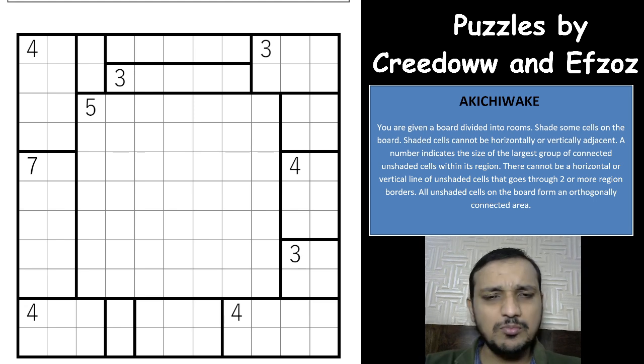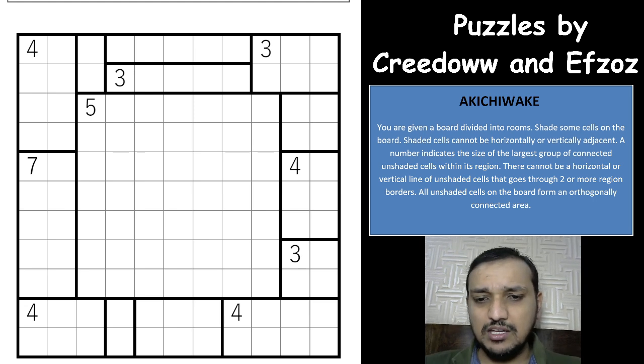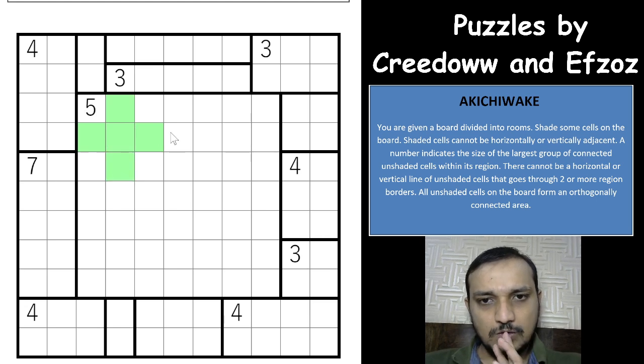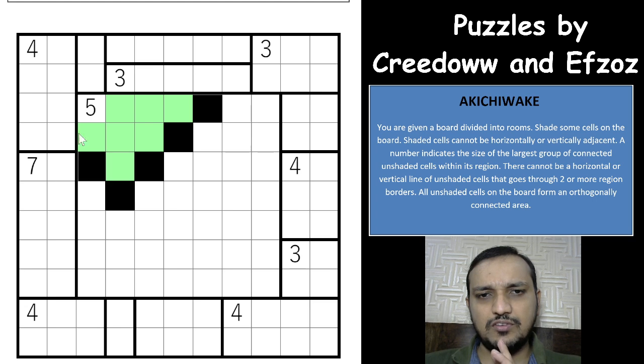Apart from that, there are some numbers given in the grid. The numbers indicate the maximum group of unshaded cells in that area. For example, if you have a 5 here, you cannot have a group of 7 unshaded cells here. As you can see, I have a group of 7 unshaded cells here, which is not possible.